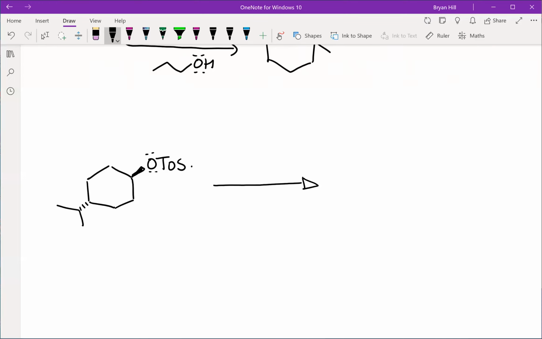Let's use, what will we use? Let's use this. And our solvent will be DMSO.